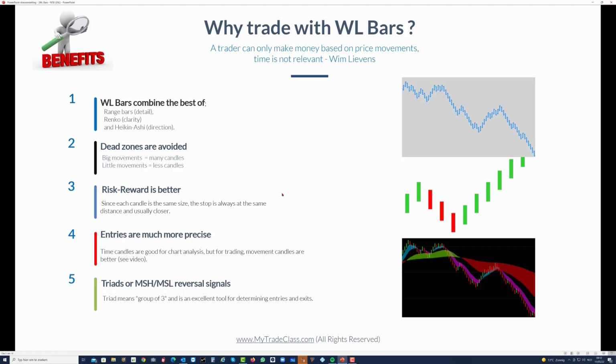And like range or renko bars, whale bars are movement bars. They are only built by movement in the market. So if you have big movement, you will see many candles.